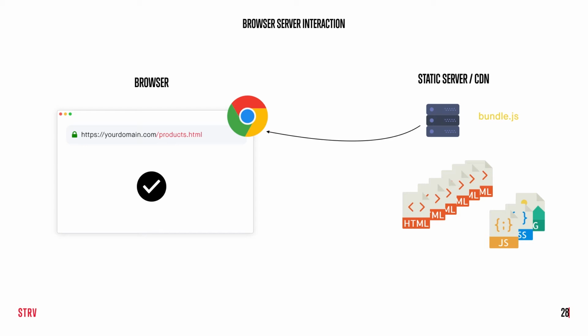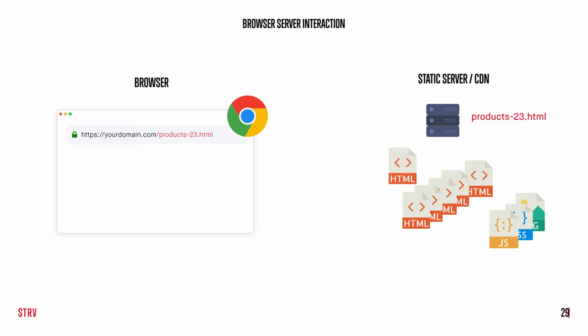So this case is kind of straightforward, but let's say you have many products, 23 products. You need to have an HTML file for that product, products.23.html. If you have 1,000 products, you need 1,000 HTML files.